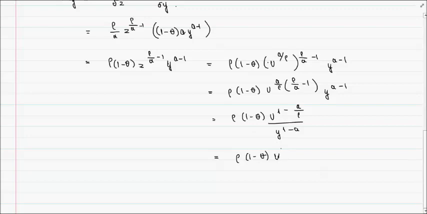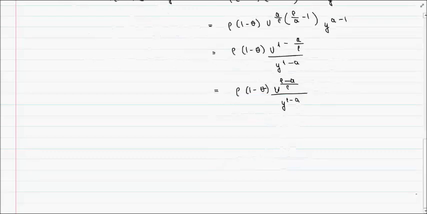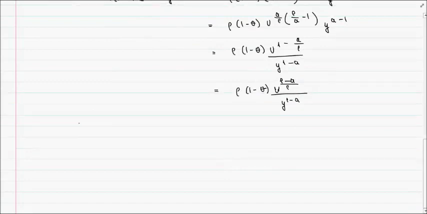So utility to the power of rho minus a on rho, and everything divided by y to the power 1 minus a. Okay, so that is the expression that the question is asking you to prove. Okay, so that's the case where a is different from 0.